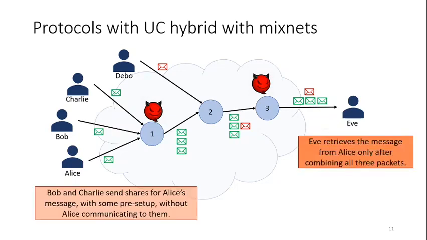Eve can construct a message from Alice only after receiving the three packets from Alice, Bob, and Charlie. However, Devo's packet is independent. Devo can also achieve anonymity if node 2 is honest. However, if node 2 is not honest, Devo can be singled out.